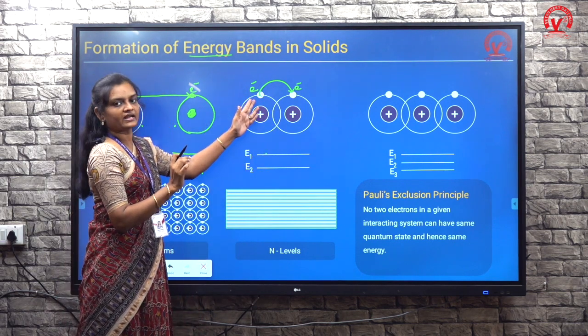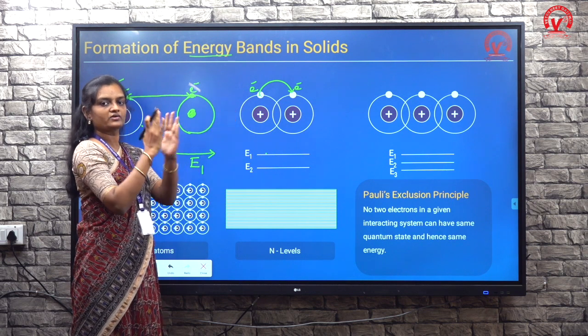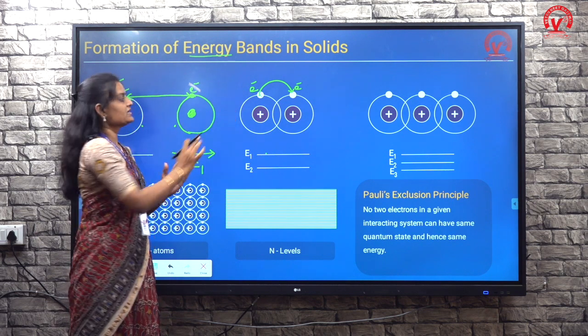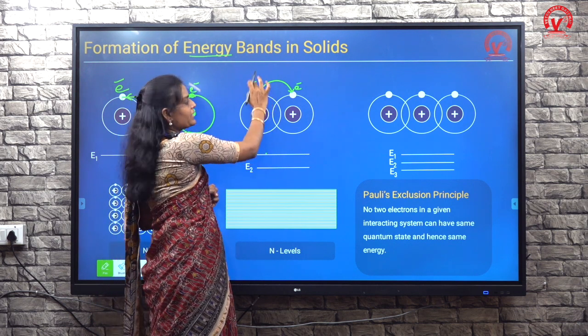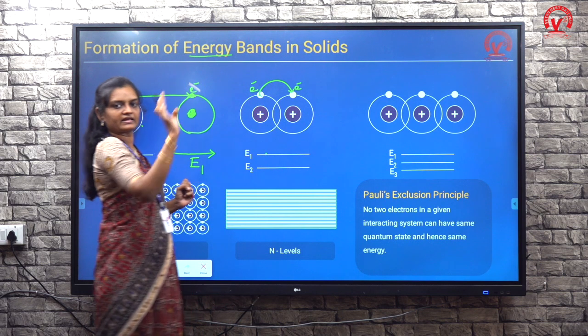When the atoms are brought closer together, this electron's energy may not be the same as that electron's energy.